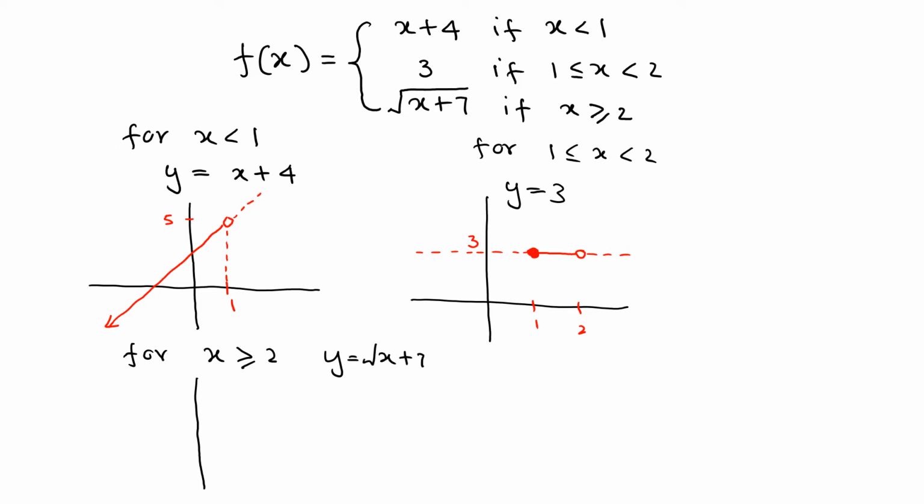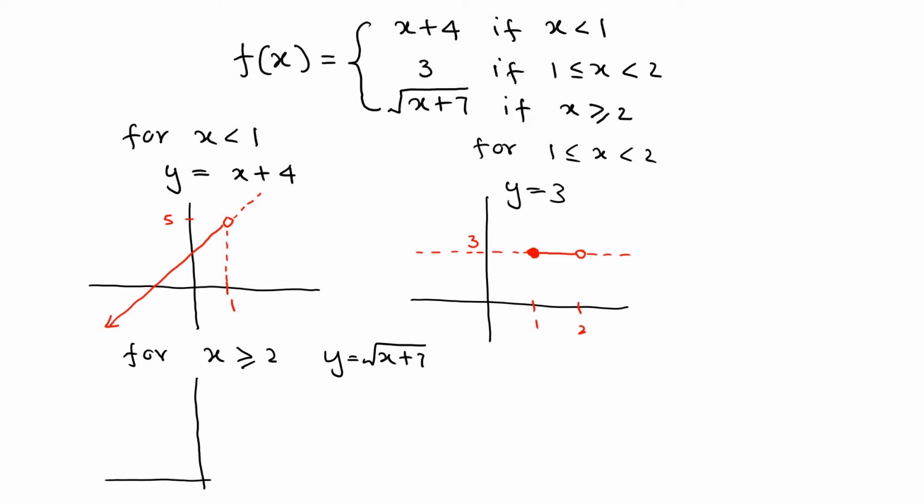If you remember how to do the transformation, you can see that this is simply the square root function shifted horizontally to the left 7 units. It is x plus 7, so it's going to shift to the left. How many units? 7 units. So this is very close to a square root function, but shifted to the left 7 units.